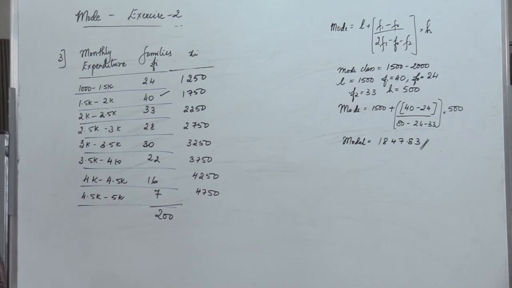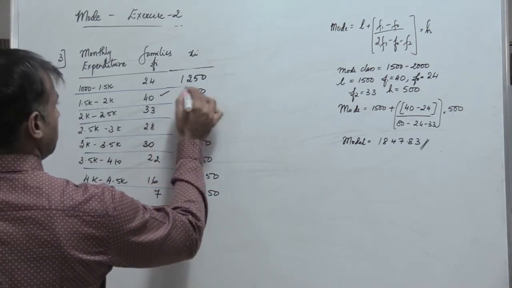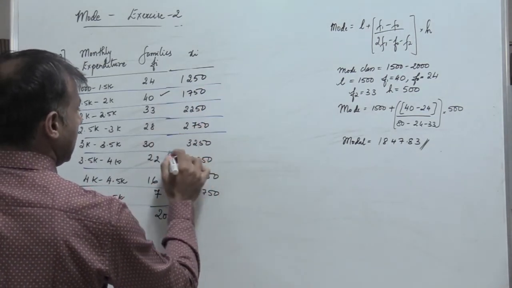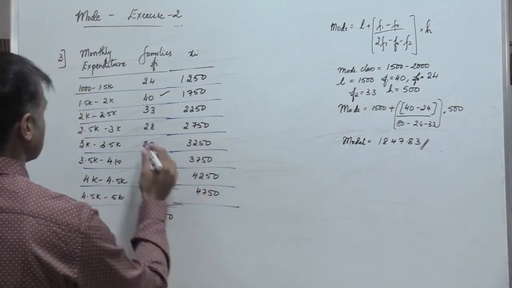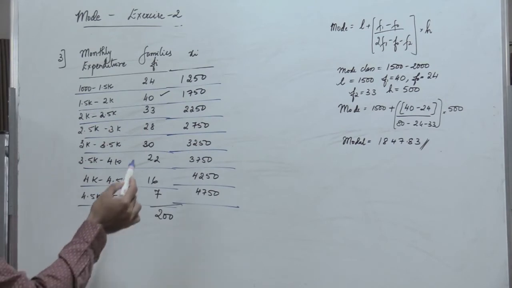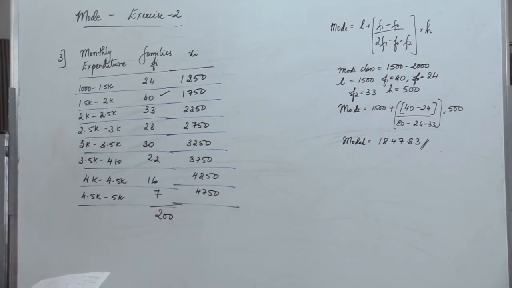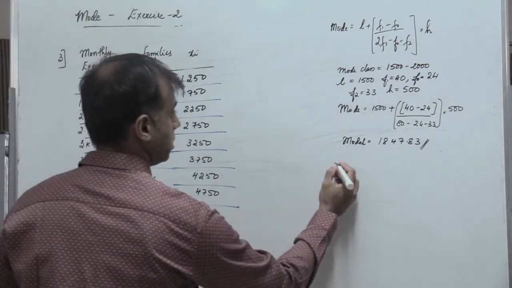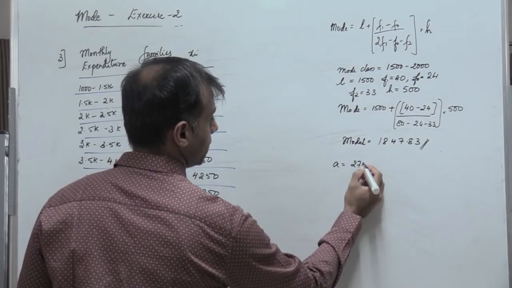Next, let's assume the value of A. Since there are 8 classes, 1, 2, 3, 4, 5, 6, 7, 8, we can choose either 1750 or 3250 as A. Let us choose 2750. So we assume the value of A as 2750.